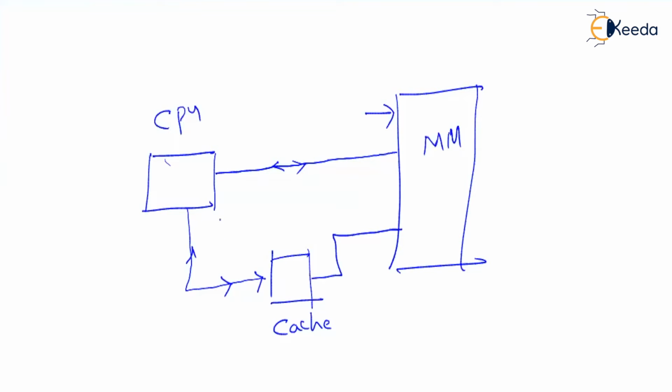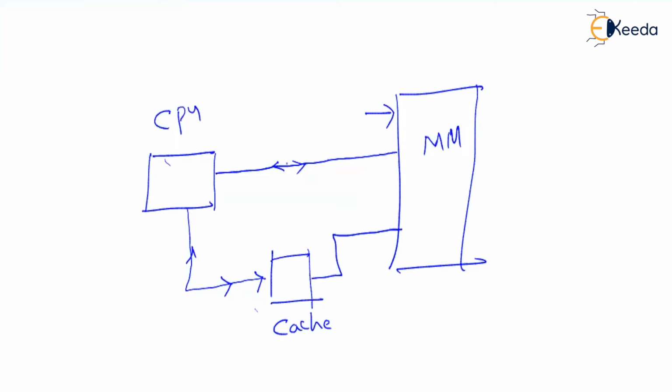That means whenever CPU wants to access a data element, initially for that data element, cache will be searched. If cache has the data element, then the data element will be collected from the cache memory itself. If the cache doesn't have the data, CPU is directly going to access main memory.